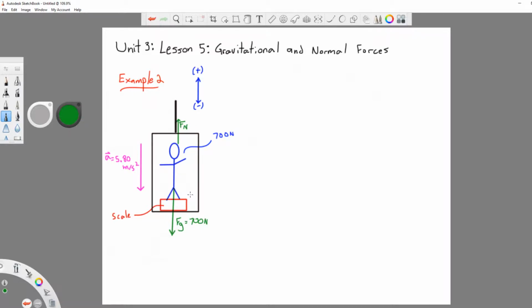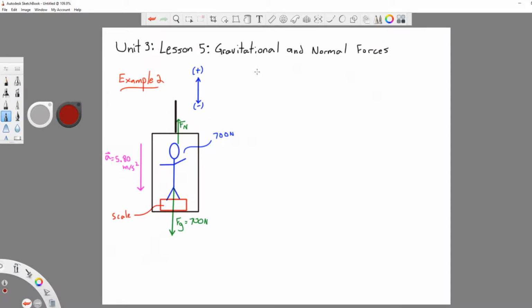Now, before we get too crazy here, it's great that they gave us the weight of the person, but I don't think we can really move on until we find the mass of this person. The reason I say that is because if we want to find this unknown force, we're going to be using our same Fnet formulas.